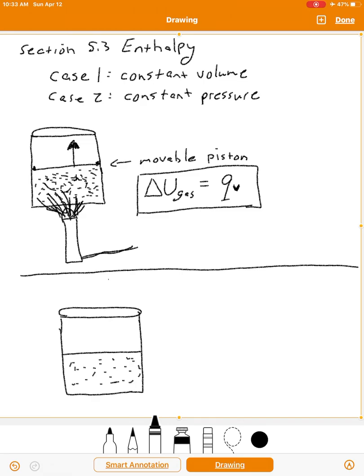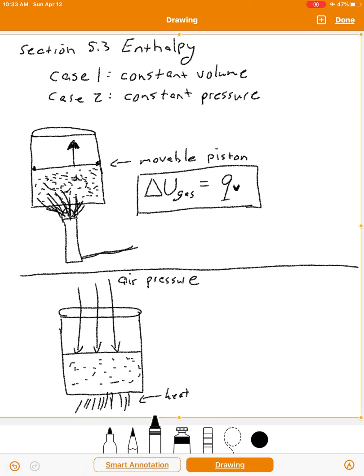And keep in mind, the atmosphere is pushing down on that piston. Air pressure, we call it, right? And now we're going to do the same thing. We're going to add heat into that gas. I'm just going to apply a Bunsen burner to it.